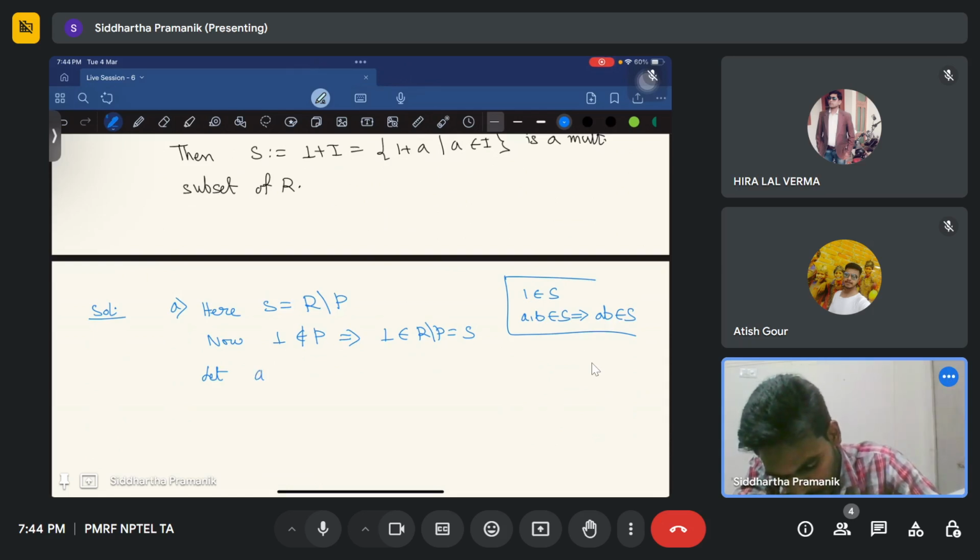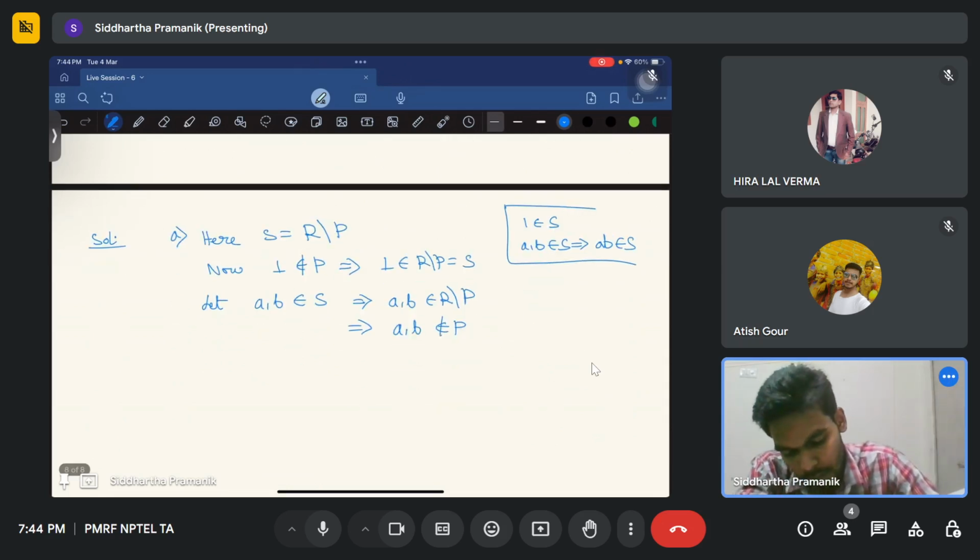So let a and b belong to S. So that will imply a and b belong to R minus P. So that means a and b both are not in P. So that will imply the product is also not in P, because P is a prime ideal, right?